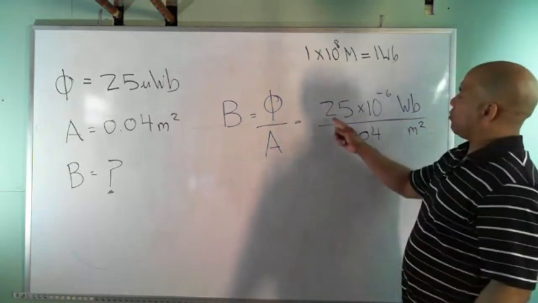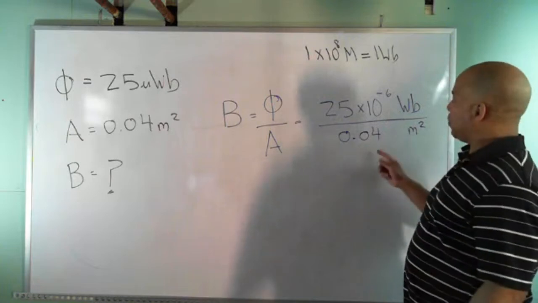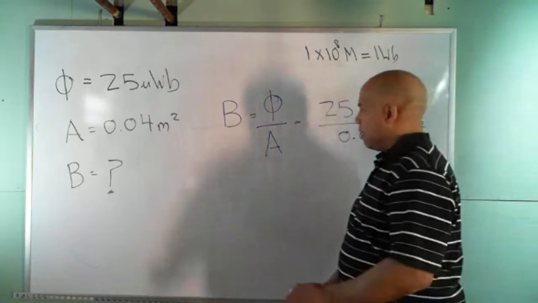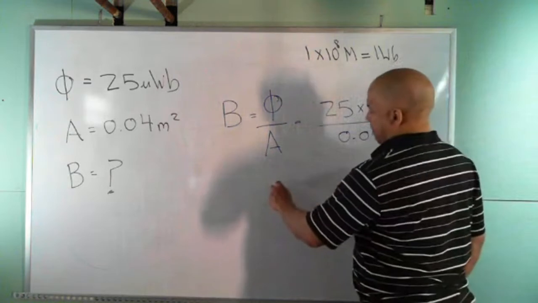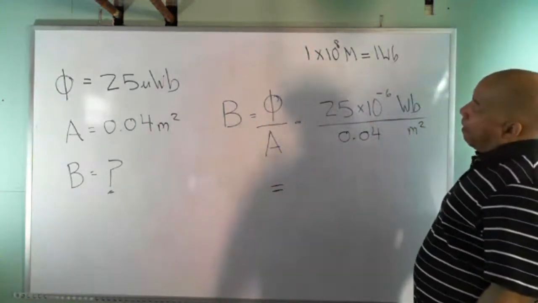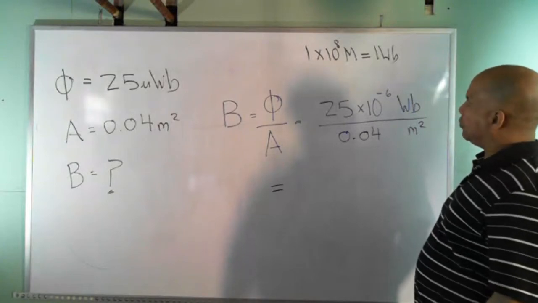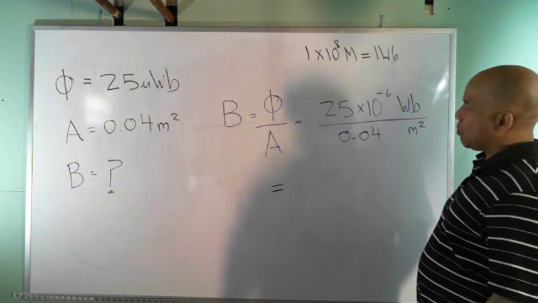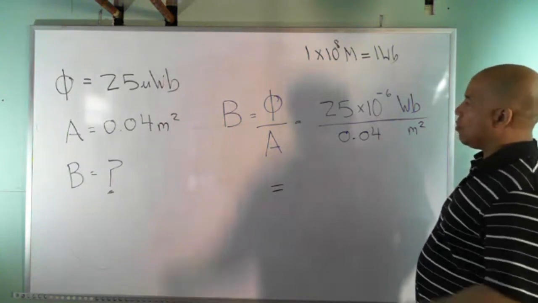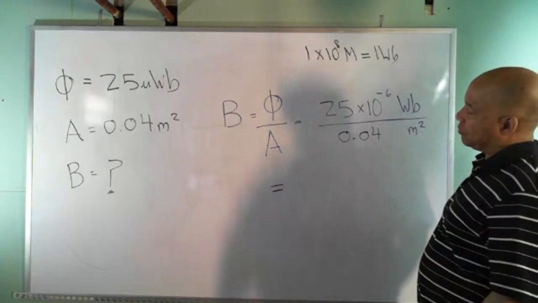So if I take 25 times 10 to the minus 6 and divide that by 0.04 meters squared, help me out with the math, what would I get? 6.25 times 10 to the negative 4.